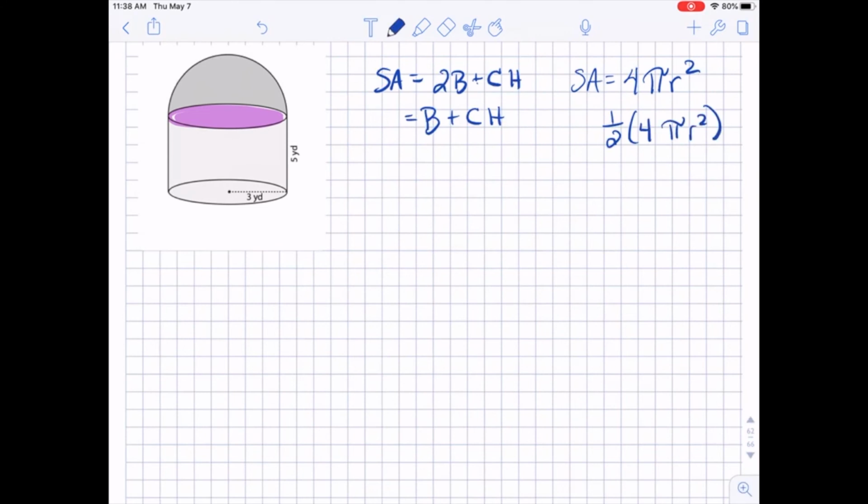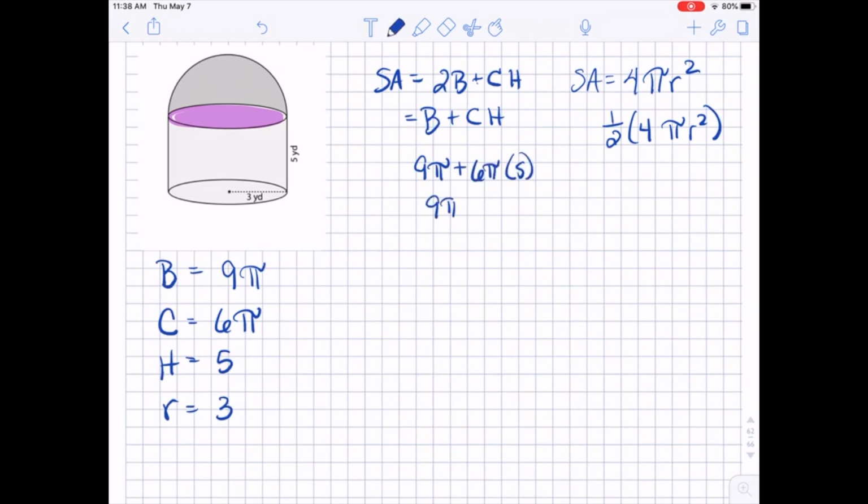The variables we need to determine are the base area, the circumference, the height, and we need the radius. So the total surface area is 57 pi yards squared.